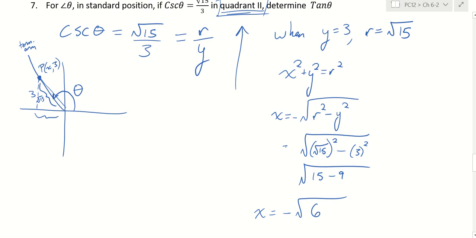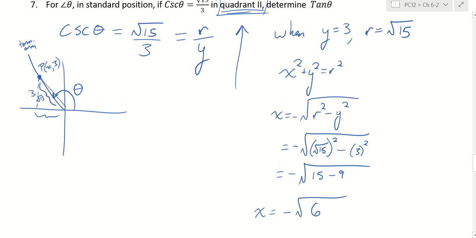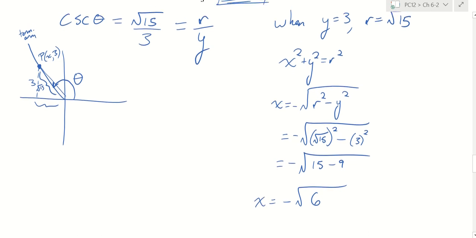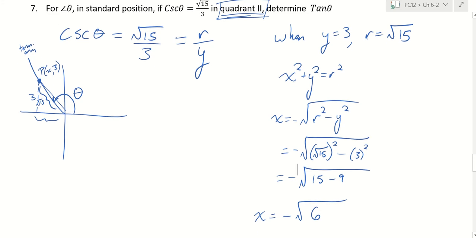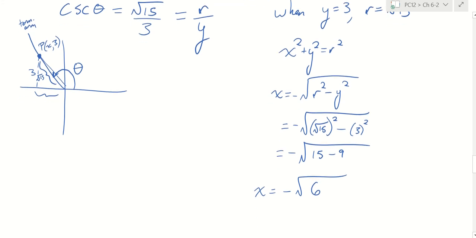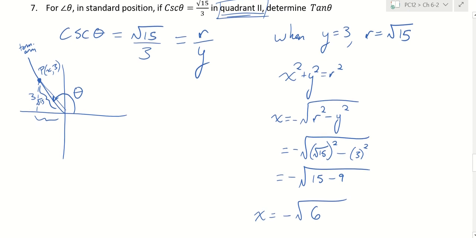So instead of the principal or positive root, we're actually taking the negative root, because this is a terminal arm that lies in quadrant 2 where x must be negative. Okay, that is definitely something that I usually forget when I'm doing a test, and small errors eventually make big waves later on in some complex questions in trigonometry. If I make a mistake, that is often where it is.